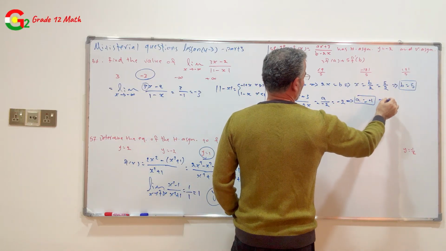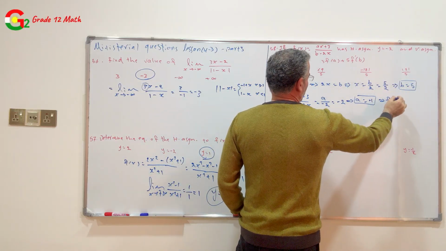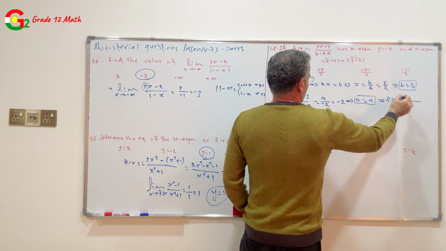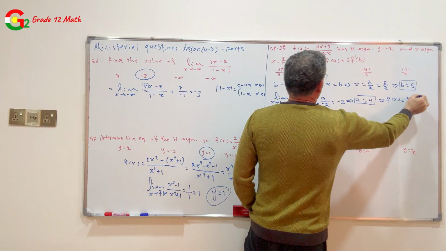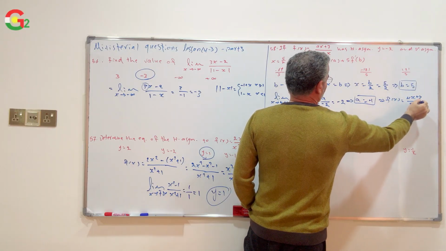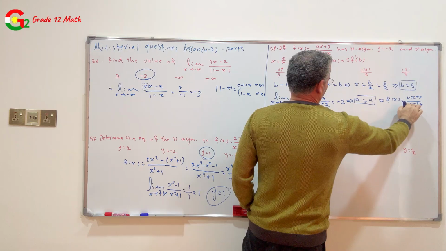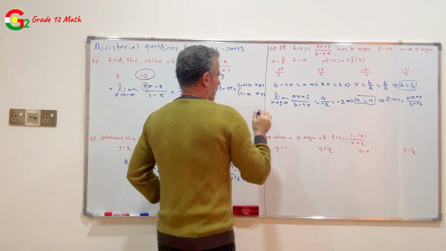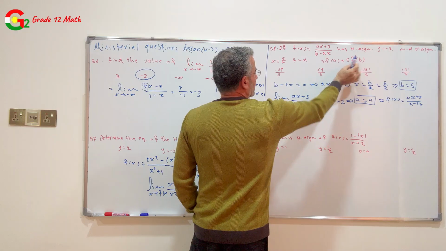Substitute these values in the function, then f of x will be (ax + 3), which means (4x + 3) over (5 - 2x). This is our function. Then find the derivative of this function.